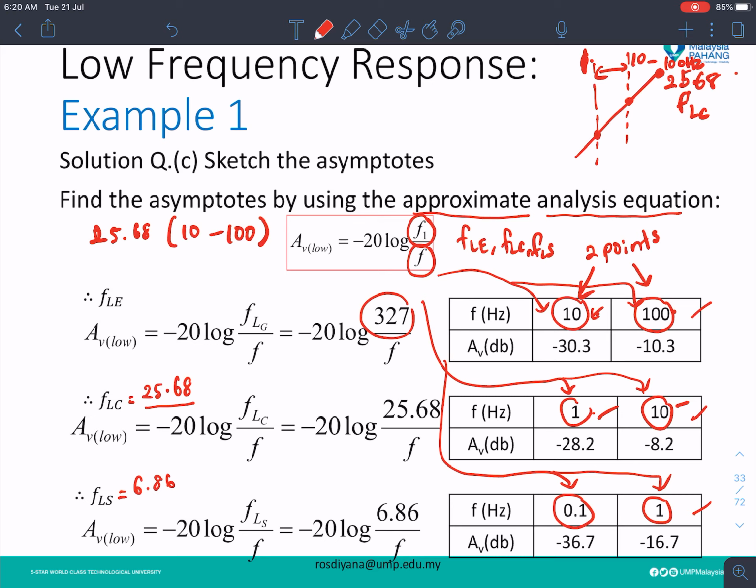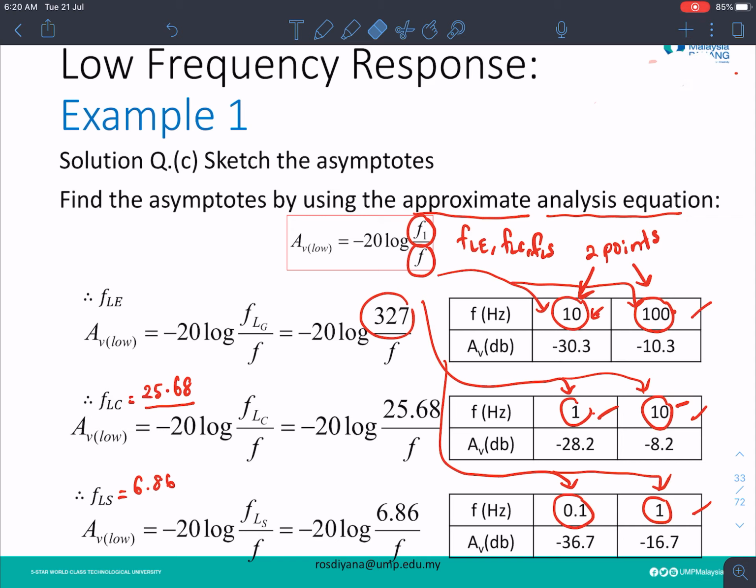Take a look at another example, the FLS. The FLS is 6.86 Hertz. It is in the range from 1 to 10 Hertz.